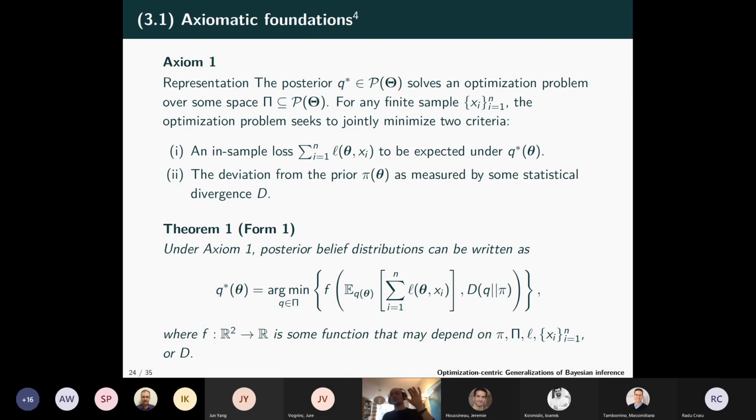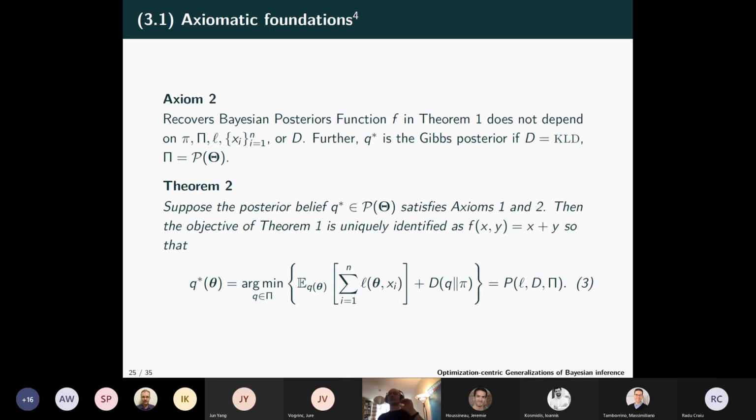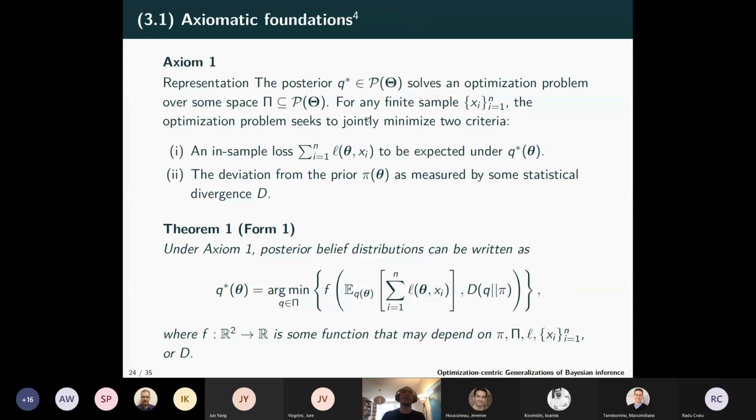And then the second axiom you need is that I don't want the optimization problem itself to change. So basically, the moment you impose axiom 1, you can immediately show that your posterior always needs to be the solution of an optimization problem of this form for some function f. But this function f itself may depend on your inputs at this point. So it may depend on the losses, it may depend on your prior, et cetera.